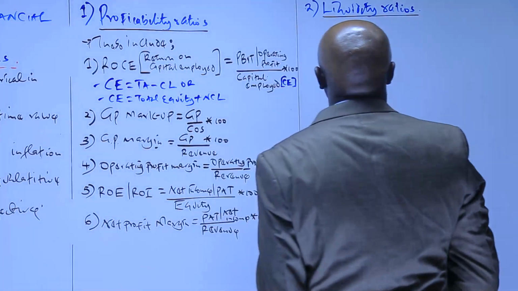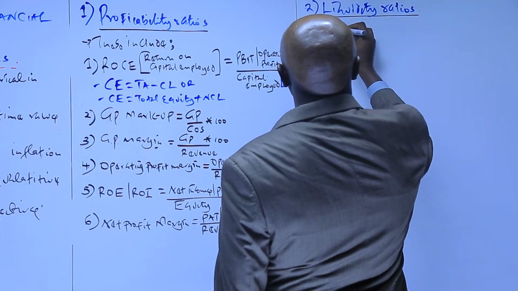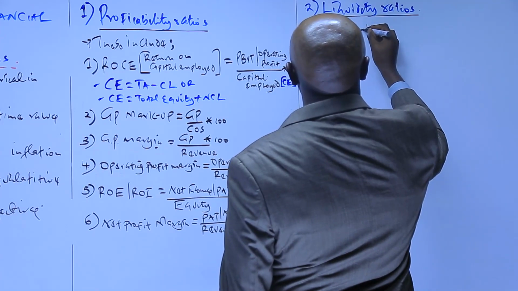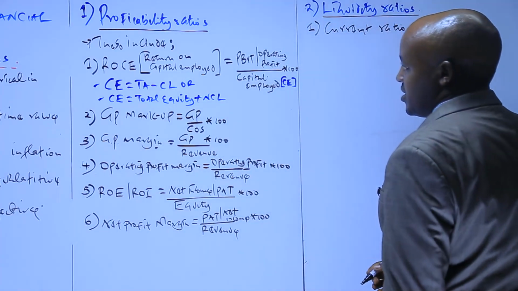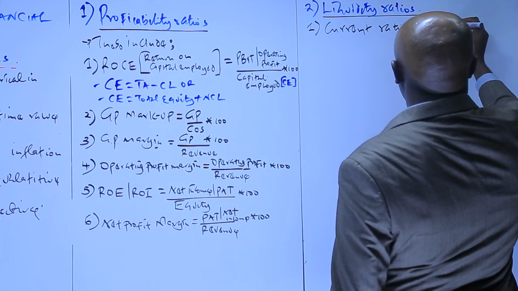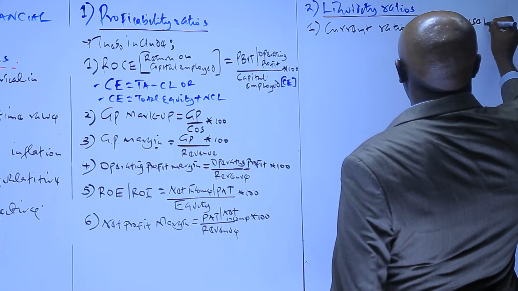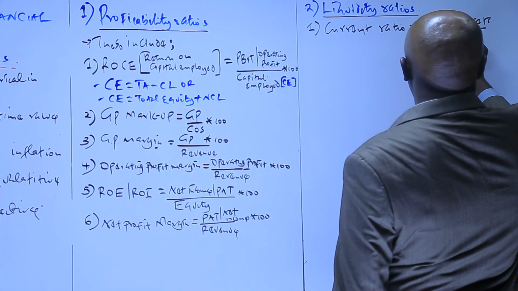Majorly here we have 3 liquidity ratios. The first one is the current ratio, which is very common in the questions in this paper. The current ratio is computed by taking current assets all over current liabilities.